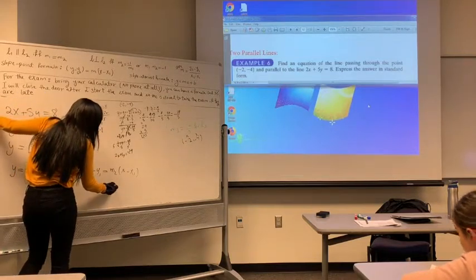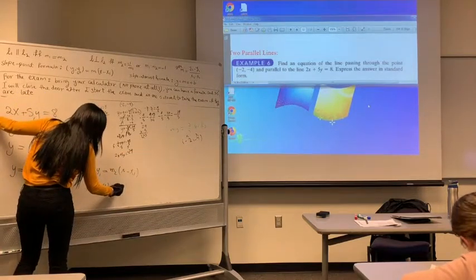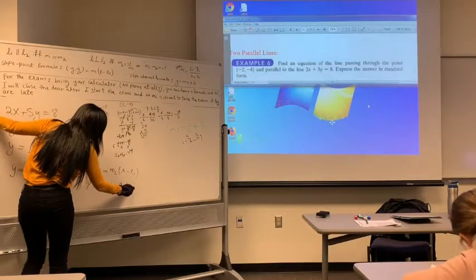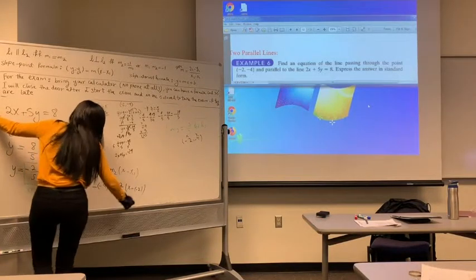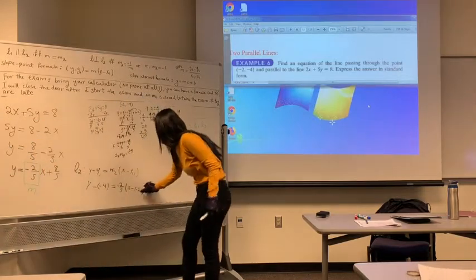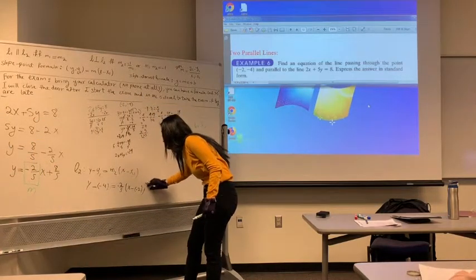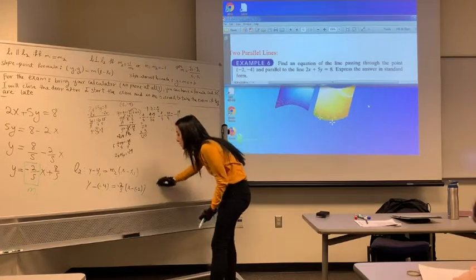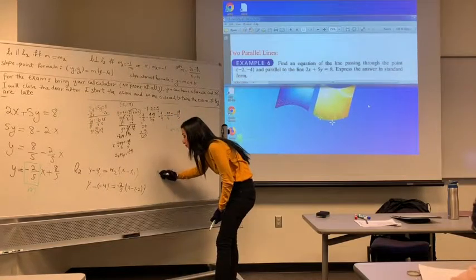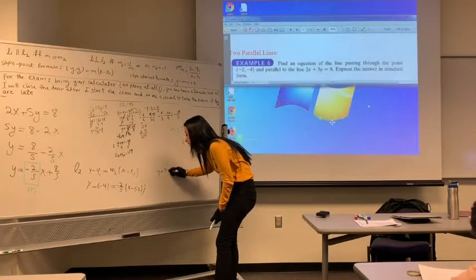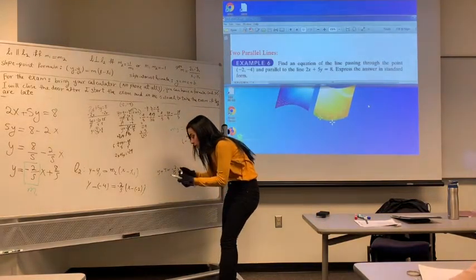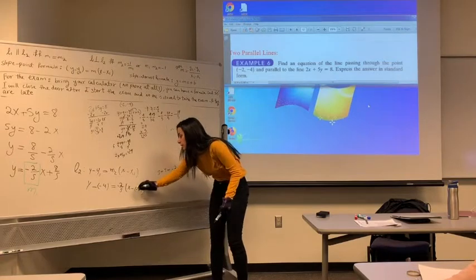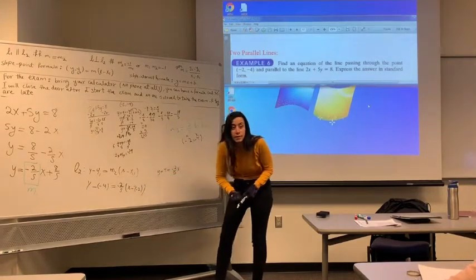And then equal to, so the slope of line 2 is negative 2 over 5. And then x minus the x for the point, that point is negative 2. So now we should just organize this. Y plus 4 is equal to negative 2 over 5 multiplied by x plus 2. So be careful of this one. This becomes positive, right?